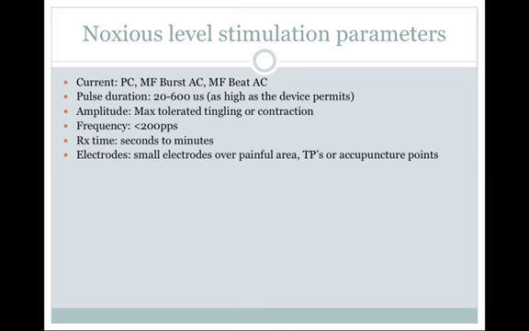And the best way to use this is using some very small electrodes right over the painful area, trigger points or acupuncture points. You can either buy small electrodes, or you can cut electrodes down that you already have, and we'll demonstrate this in lab. We've got some small probes, and those work really well for this.